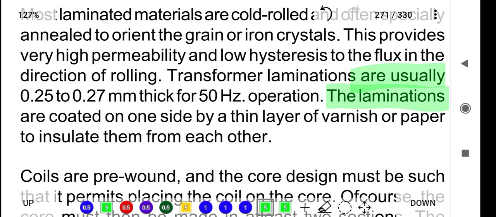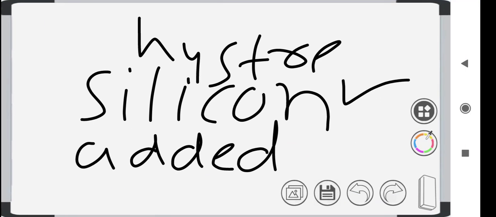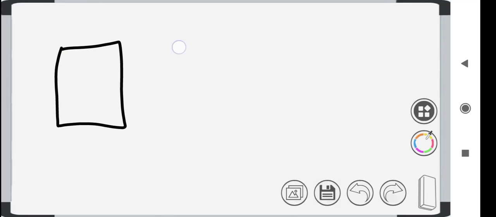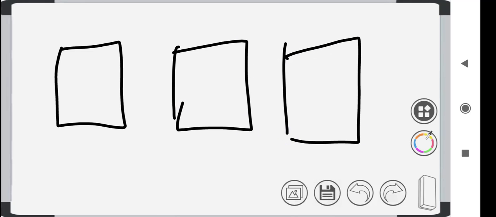The laminations are coated on one side with a thin layer of varnish or paper to insulate them from each other. In the exam the question will come. Suppose you have a document, you go to the Xerox center and laminate your mark sheet.